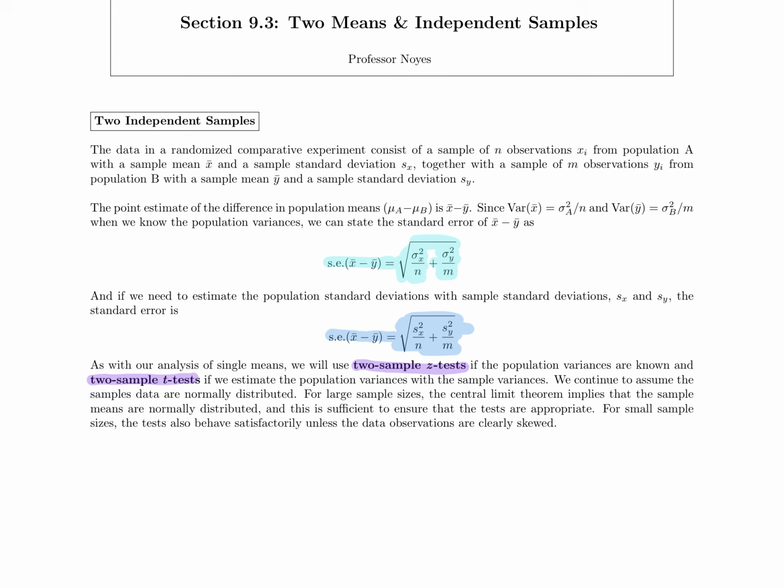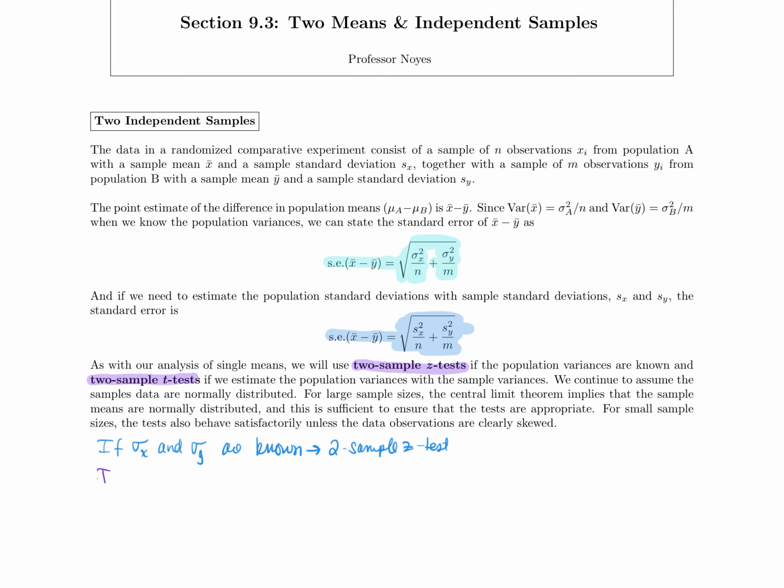So one more time, if sigma x for A and sigma y for B are known, we'll use a two-sample z-test.